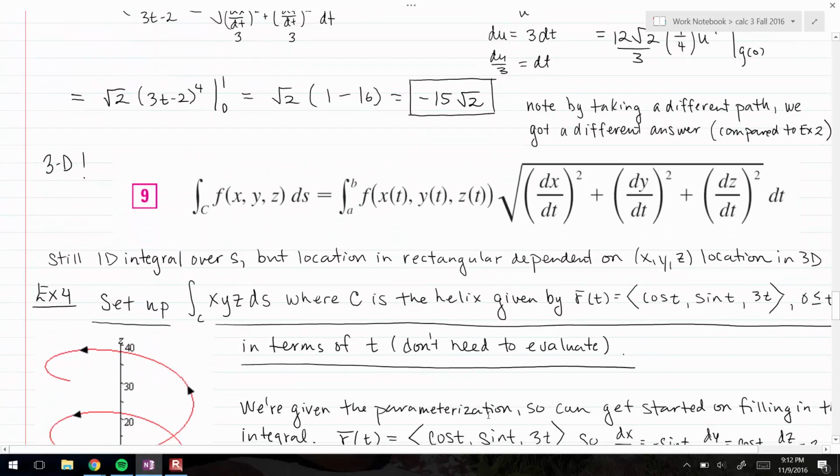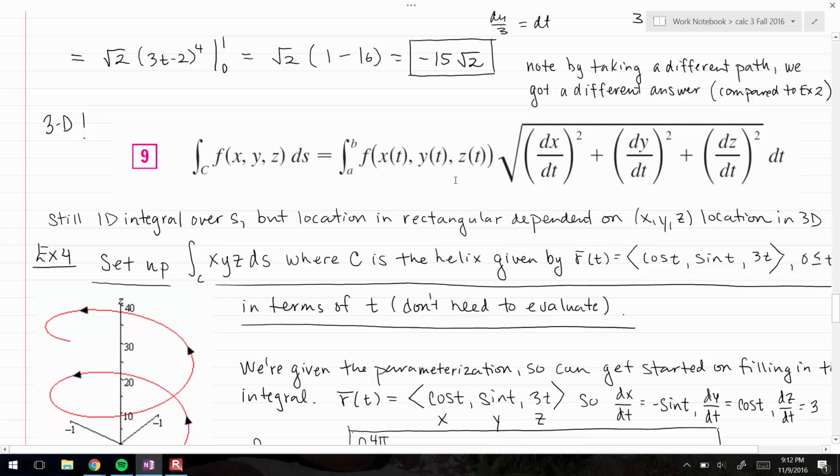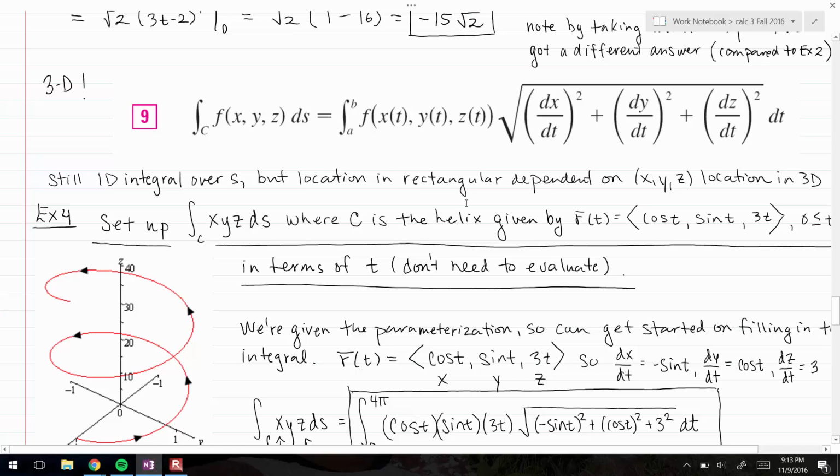So moving on to 3D, we have a very similar equation for line integrals, just adding that z component. This is still a 1D integral. What's going on here is that we have a function defined in 3D space by this location, but the integral we're taking is still a line integral in 1D.